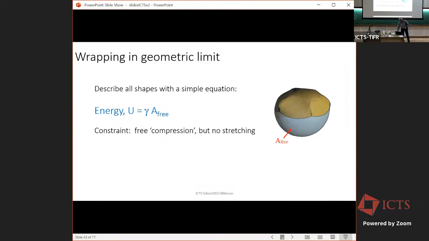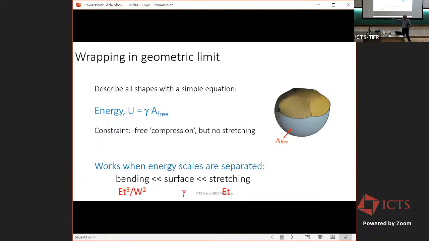Energetically, thinking about where we've come from, in capillary origami, bending and surface energy were comparable. Here, bending is tiny. So it says, please do whatever you need in terms of bending, free. Surface energy is the dominant thing.